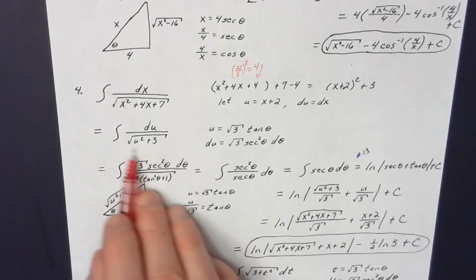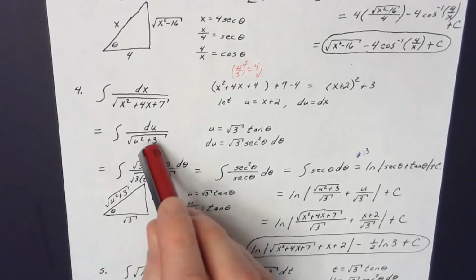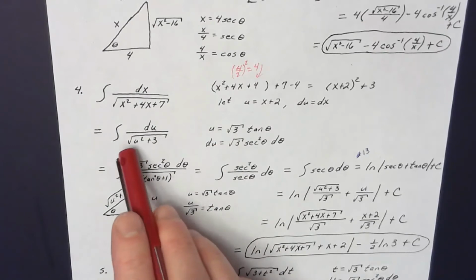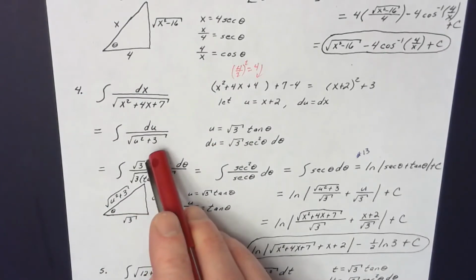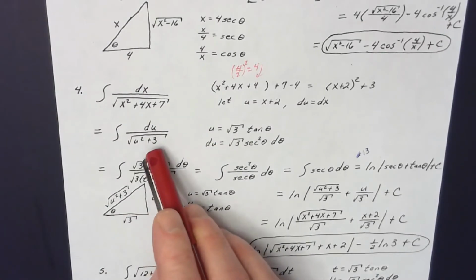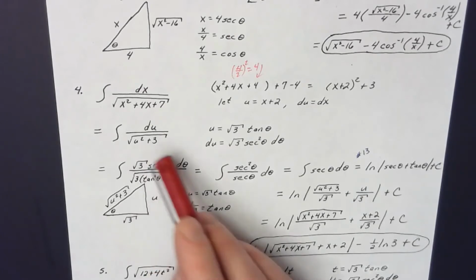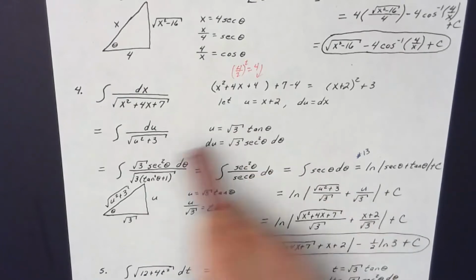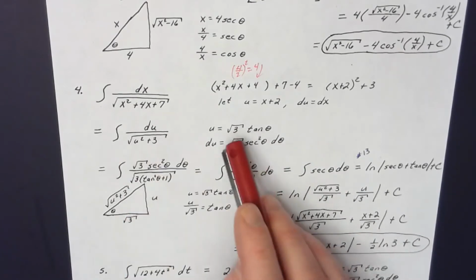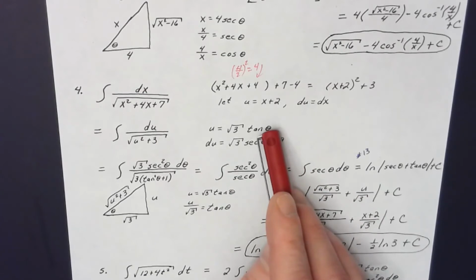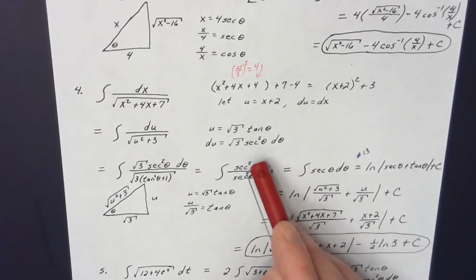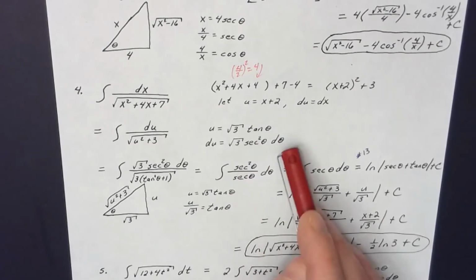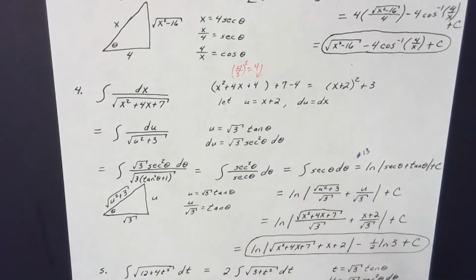Now I have forced it to look like number 2 earlier, where you have a variable squared plus a constant squared. But this time, the constant's not a perfect square. No big deal. If a squared is equal to 3, then a is the root of 3. So I need to let u equal the root of 3 tangent theta in this problem. Now when I do that, du is going to be the root of 3 secant squared theta d theta, the derivative of tangent theta there.